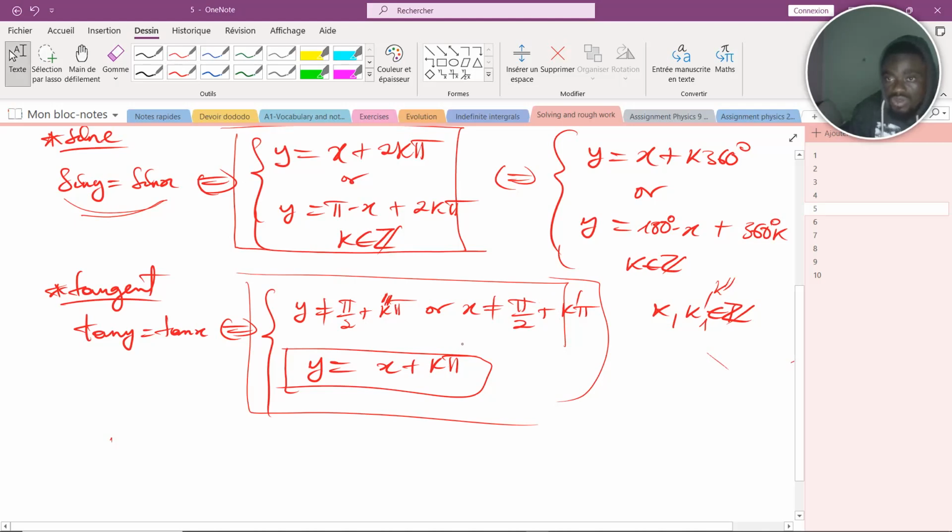You understand? So you put the condition on y, the condition on x, and then you write the general solution, which is y equals this plus k pi. Is that okay? So let's go back.